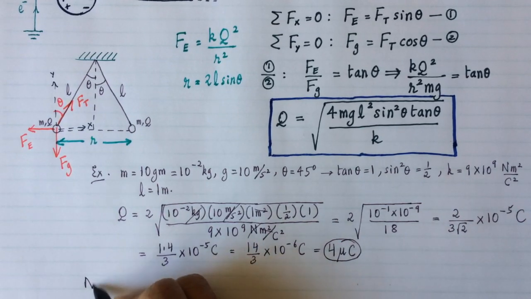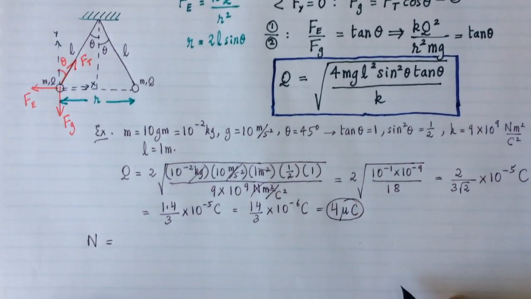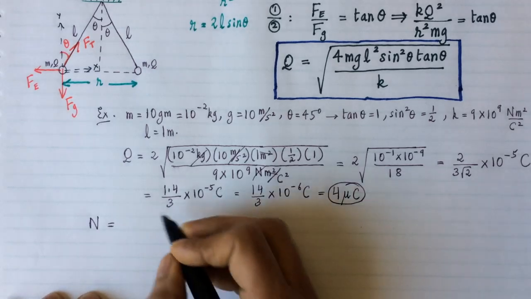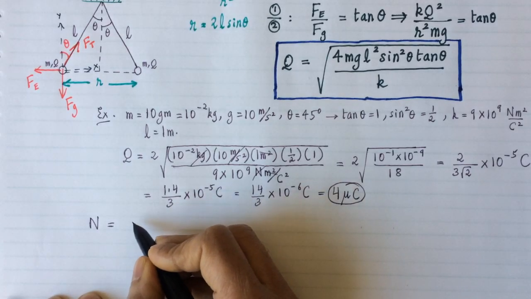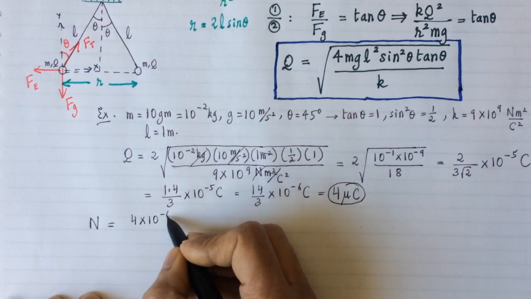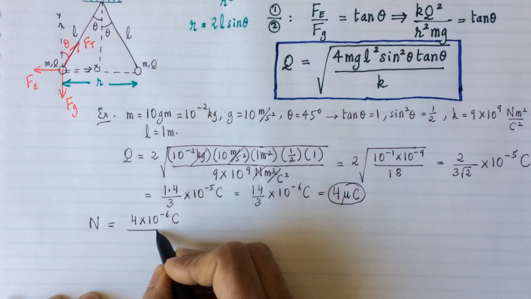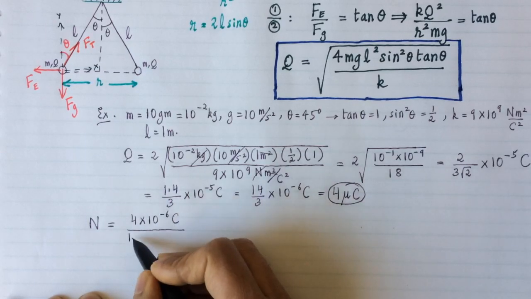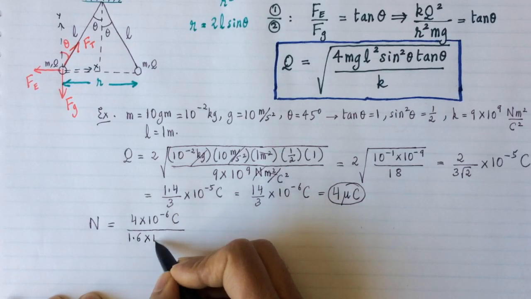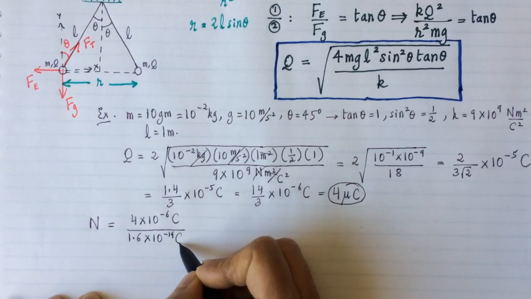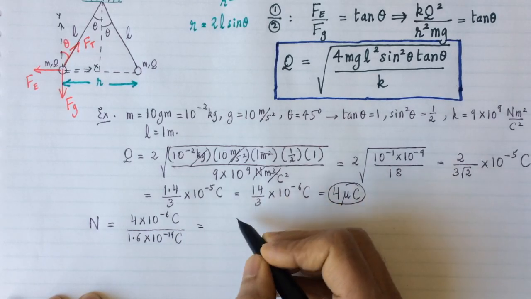The second question is the number of electrons. How much has the Earth lost in this process? The number of electrons is got by taking the charge, which is 4 times 10 to the minus 6 coulombs, and dividing it by the charge of a single electron. And that is 1.6 times 10 to the minus 19 coulombs. That's really tiny.